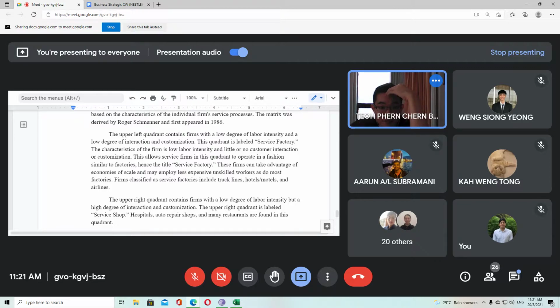airlines. See the first paragraph, low degree of labor intensity, airlines, because one employee can serve many customers, right? One air stewardess needs to serve a lot of passengers. In hotels and motels, also the same.